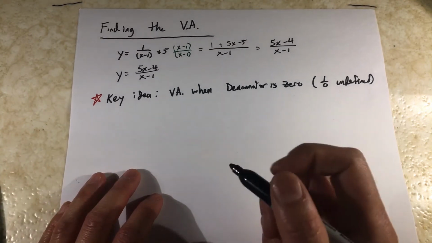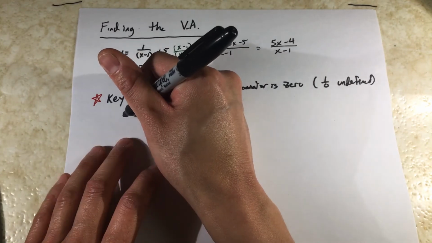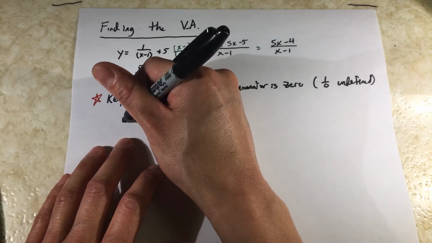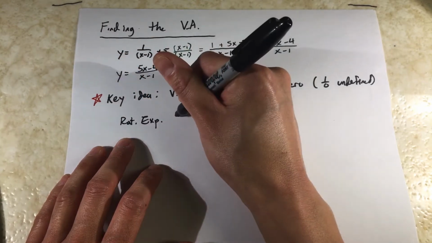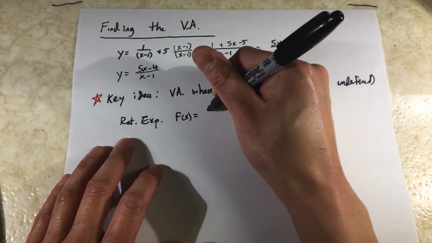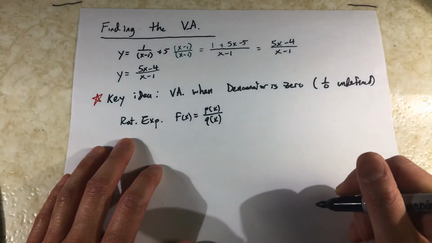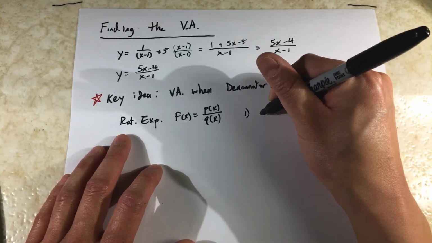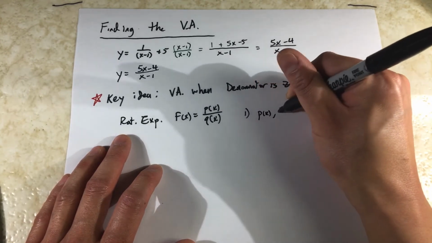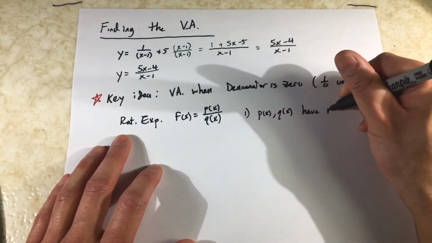Okay, so a more general definition for this is you have some rational expression. There are basically two conditions. The first one is the numerator and denominator have no common factors.